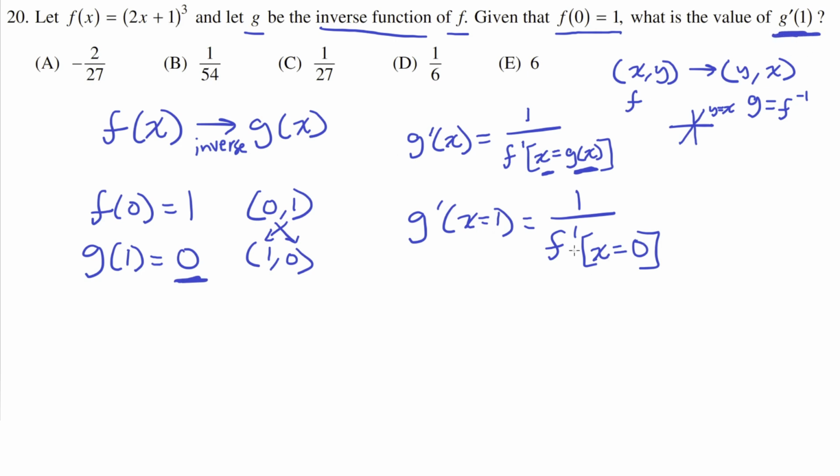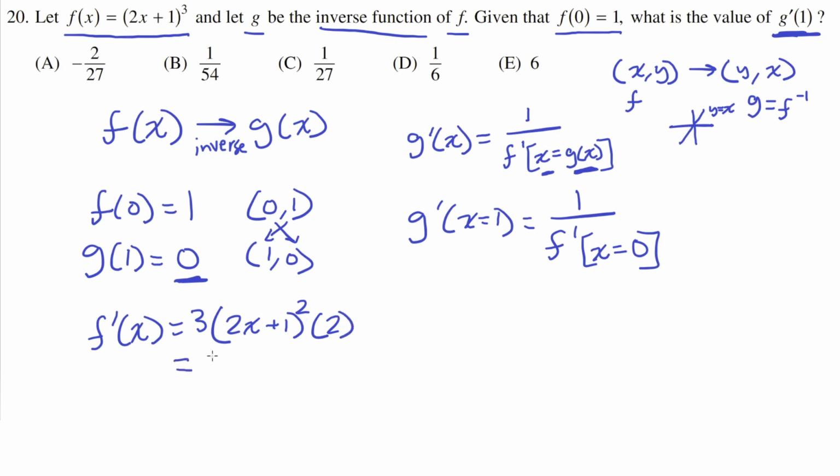So to find the value of f prime at 0, we can take this function f of x and take its derivative. So f prime of x is equal to, we'll do a power rule here. So we multiply by the exponent, keep the base the same, subtract 1 from the exponent, so now it becomes a 2. Then we have to multiply by the chain rule piece, and in this case, the derivative of 2x plus 1 is just 2.